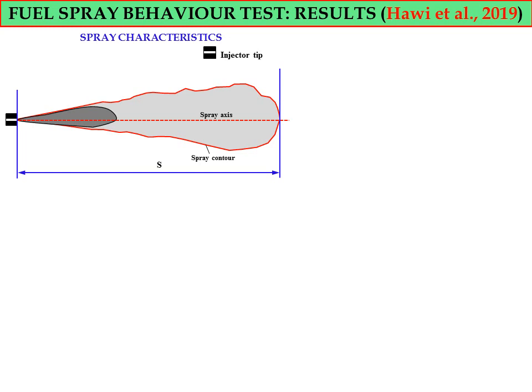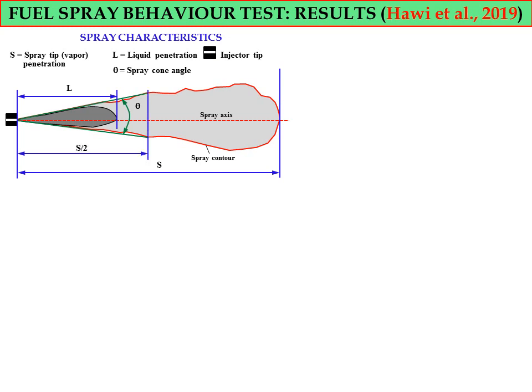The distance from the injector tip to the end of the fuel spray is represented by the symbol S, and S is equal to the spray tip or vapor penetration, and L is the liquid penetration, and theta refers to the spray cone angle, where normally in order to measure theta, we need to consider the distance from the injector tip to half of the spray tip penetration, S/2.